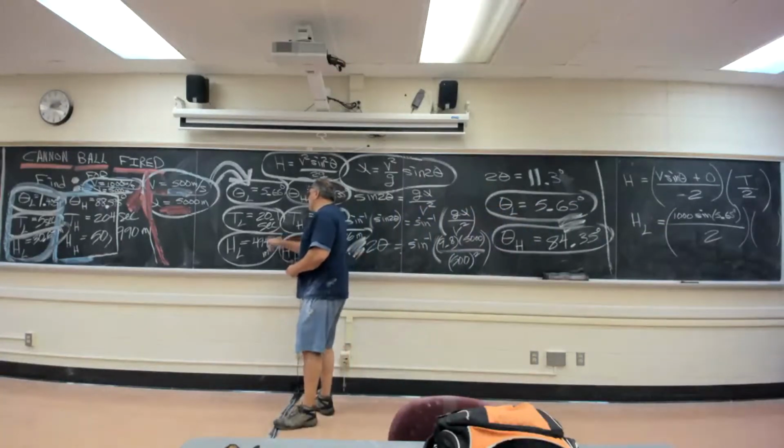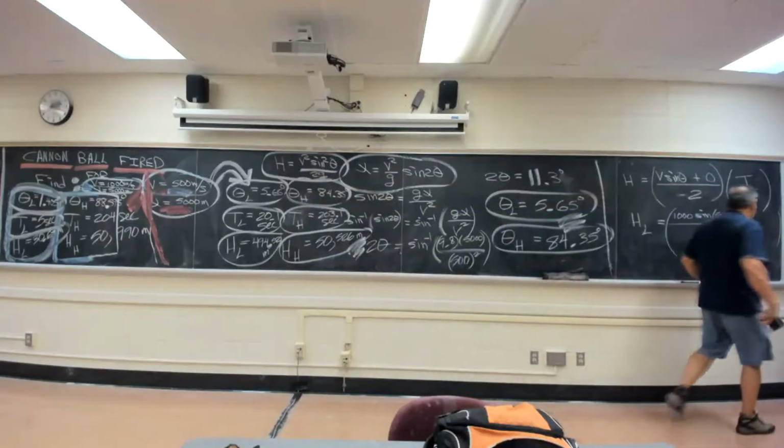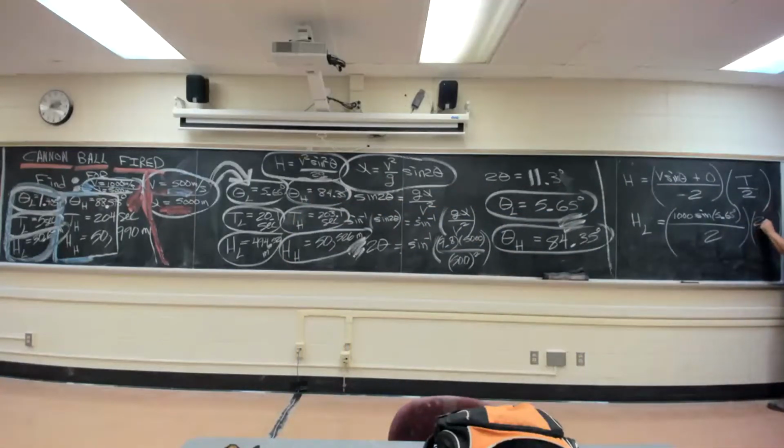The 5.65 has a 20.1 flight time, divided by 2.